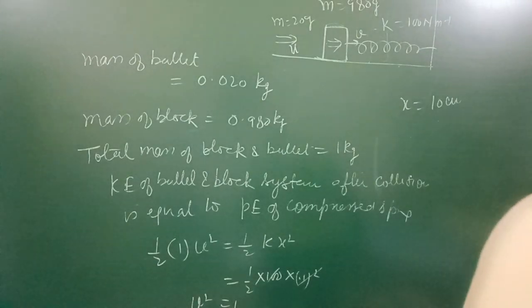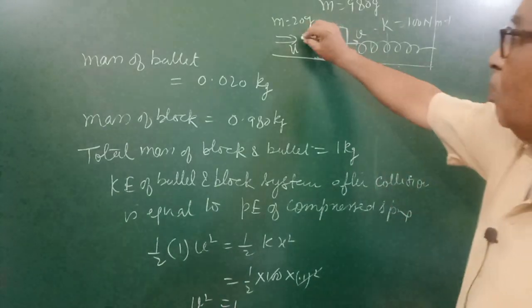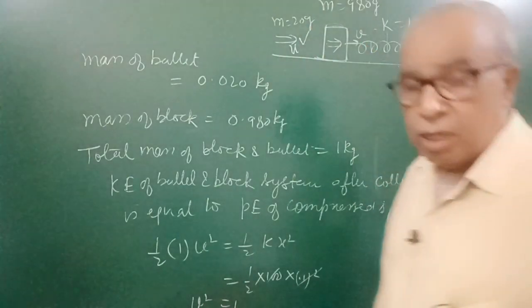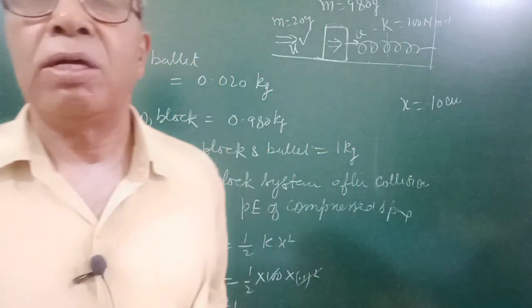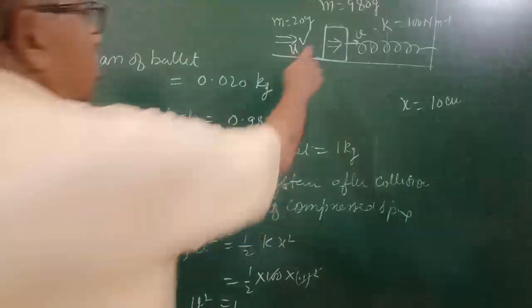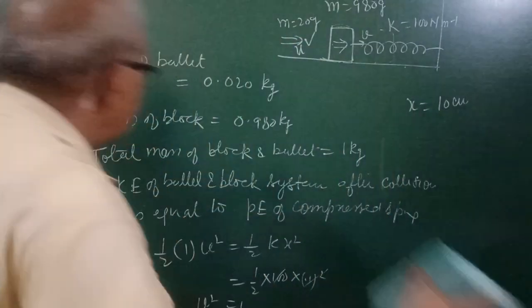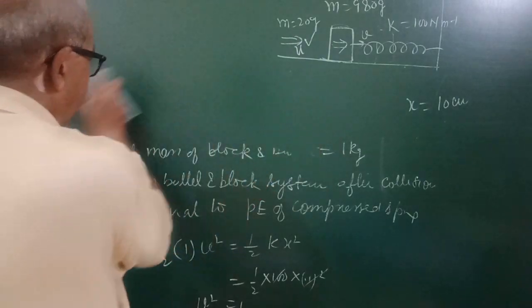Okay? This is another question here. Now you are asked this velocity u. How to obtain this? By this collision between bullet and block, which is perfectly inelastic.